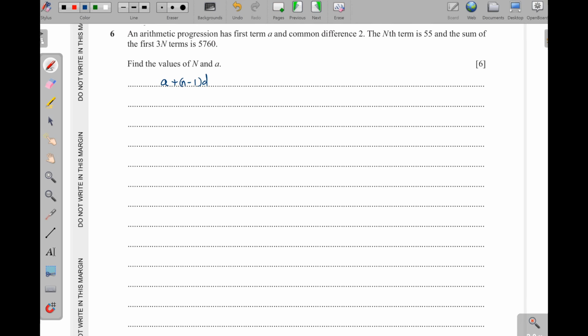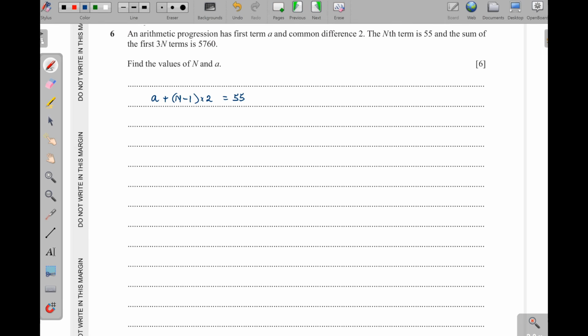That's the nth term. Now they said the nth term is 55. So I will say now that a plus n minus 1 times 2, the common difference, is going to be equal to 55. You see that?